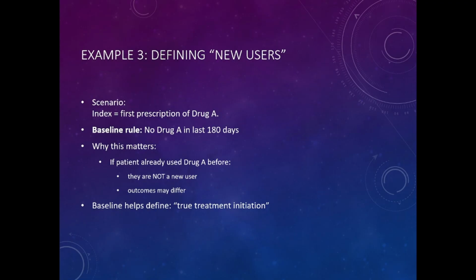If you're interested in incidence, the new cases of a particular disease, to test our drug we want to make sure that it is a new user. In other words, we don't mislabel a patient who is already taking a drug, an existing user, as a new user. So looking at the baseline data helps us ensure that it's a true initiation of a treatment.